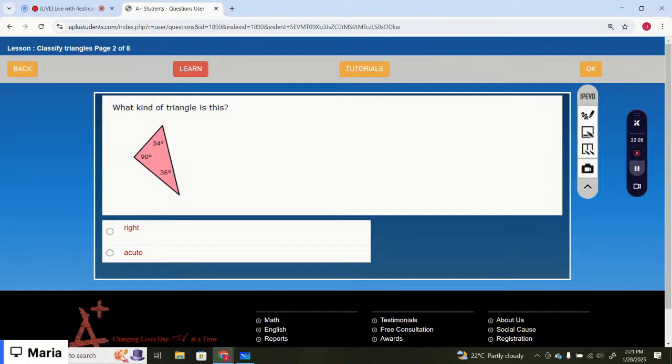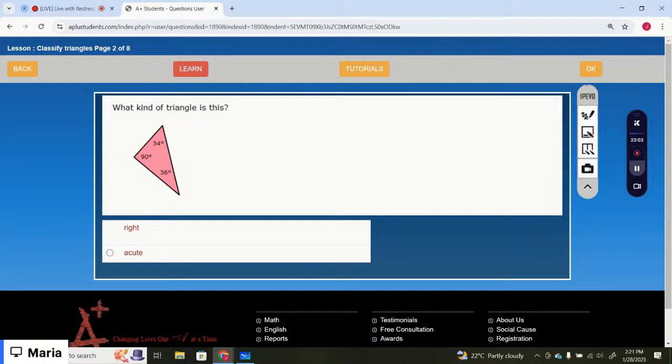What kind of triangle is this? Right angle triangle.